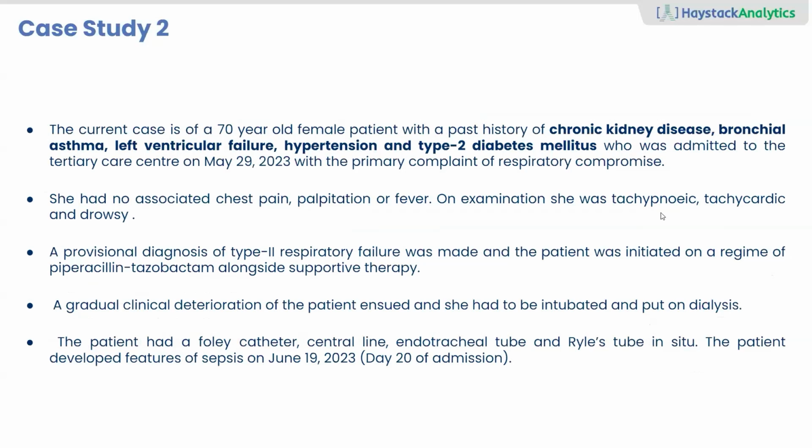A provisional diagnosis of type 2 respiratory failure was made, and the patient was initiated on a regimen of Tazac alongside supportive therapy. A gradual clinical deterioration of the patient ensued, and she was intubated and put on dialysis. The patient had a Foley's catheter, central line, endotracheal tube, Ryle's tube, so all invasive procedures. The patient developed features of sepsis on admission. Next slide, please.